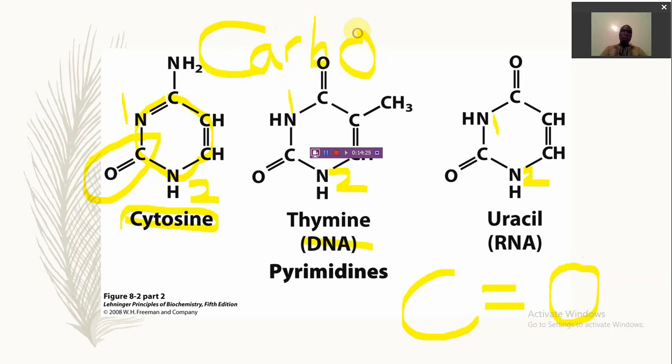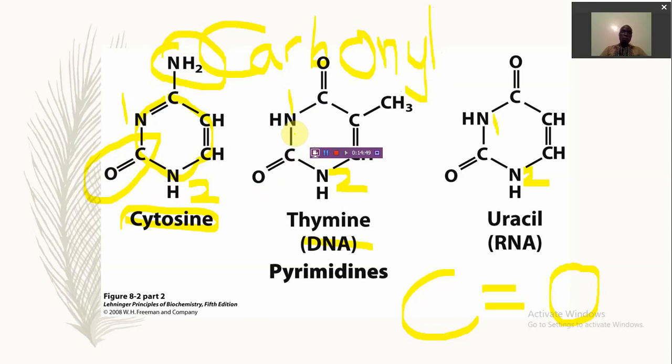I'm sure you know this carbonyl. So we have 1 carbonyl group and 1 amino group in cytosine.